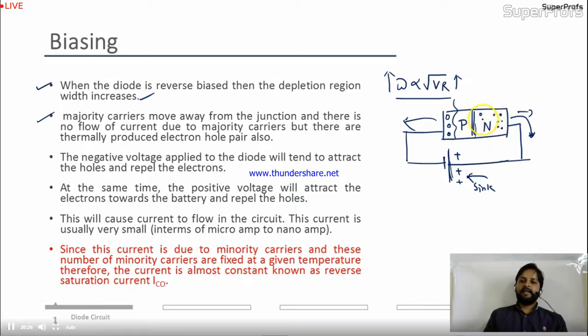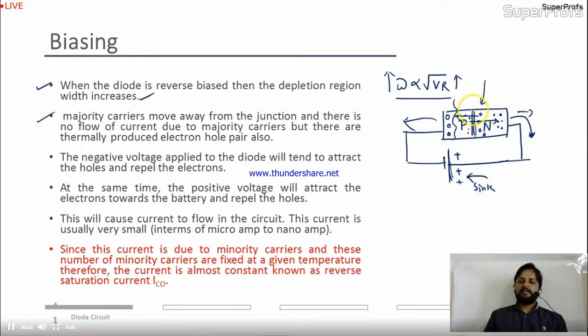But in the N type region, we have holes as minority carriers. In the P type, we have electrons as minority carriers. So these holes will be attracted by the negative terminal of the battery, and these electrons, the minority carriers of the P region, will be attracted by the positive terminal of the battery, and they will constitute the current.